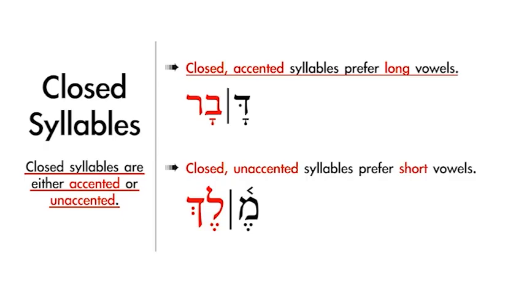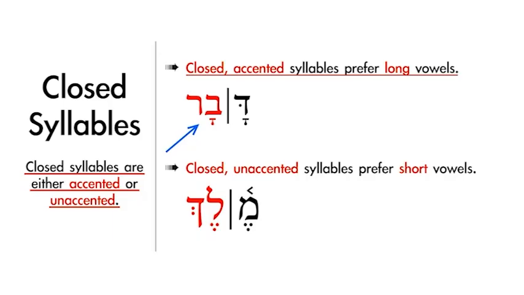So in our example here, we're going to see davar, and we're going to see a closed accented syllable, and so it's going to take the long vowel, qamets. If you memorize the rule, closed accented syllables prefer long vowels, and the example, davar, and that second syllable has the long vowel because it's closed and accented, you know the rule.